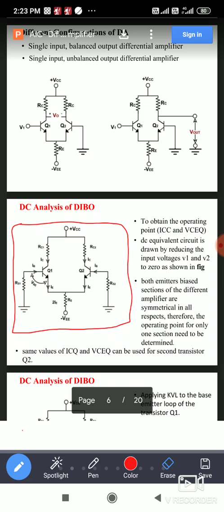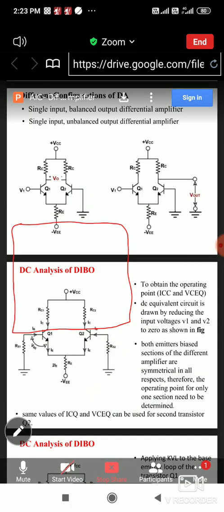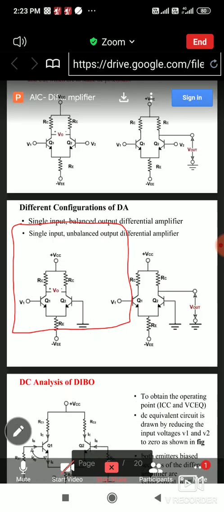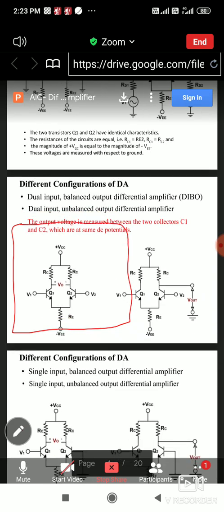So what is the difference between the original diagram and the DC equivalent circuit of DIBO? Tell me. I will show the original diagram. See, the original diagram is here.